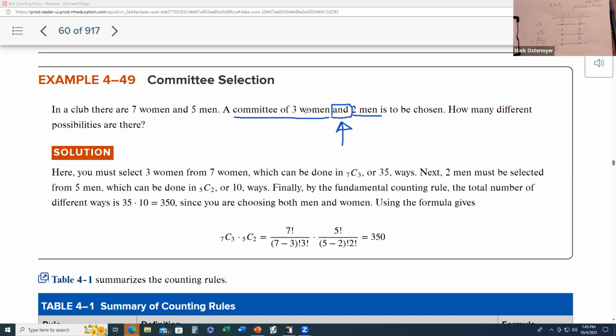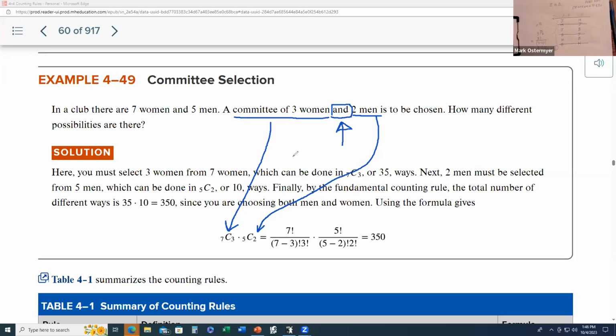So, how many different ways can the first event occur? In other words, how many different ways can I choose 3 women from 7 women if order does not matter? That would be 7 in combination with 3. How many different ways can the second event occur, choosing 2 men from 5 men? That's 5 in combination with 2.